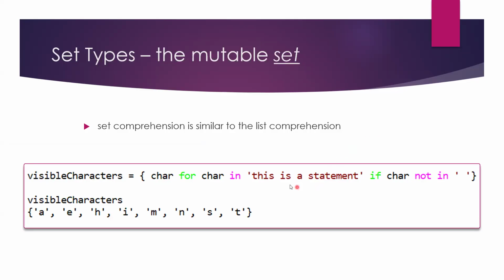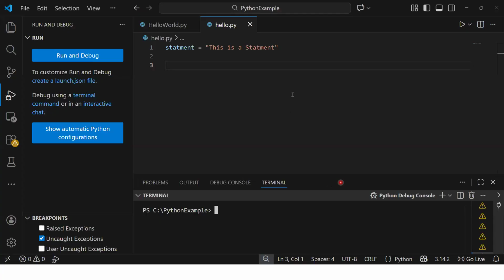So let's say we have a statement like this, a string, and we want to know what the unique visible characters are. So we'll take that step by step.